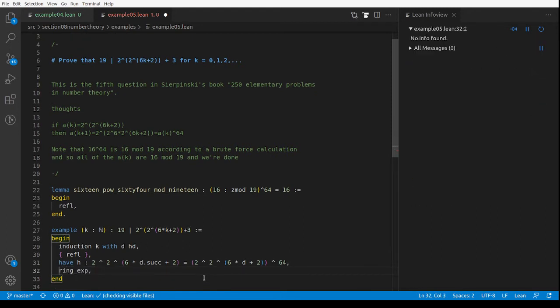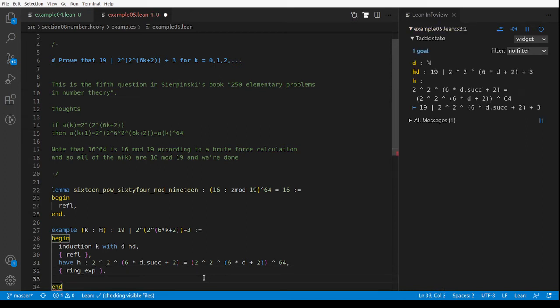ring_exp is a version of the ring tactic which knows about exponentials. So that's good. And now I wonder if we can turn this into a question about Z mod 19. Right, so let's press on then. Have h1.